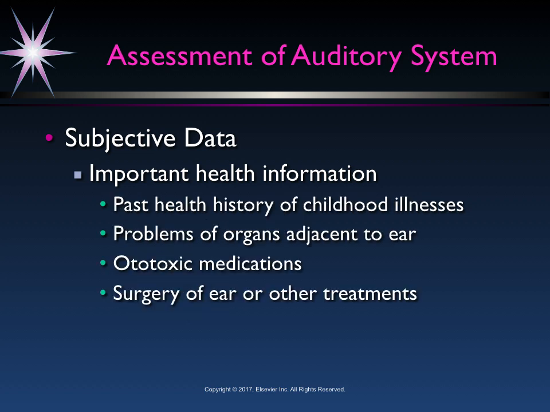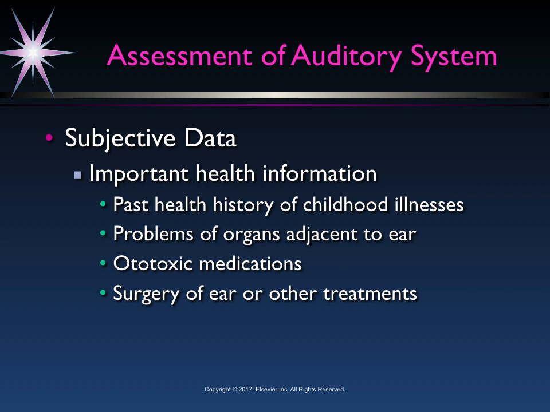Some of the other things that we will look at is past health history as a child. Did they have frequent ear infections? Did they have any kind of surgical procedures like tubes in their ears, or a tonsillectomy or an adenoidectomy? Were there any perforations of the eardrum? In other words, did they get such a bad ear infection that their eardrum broke?